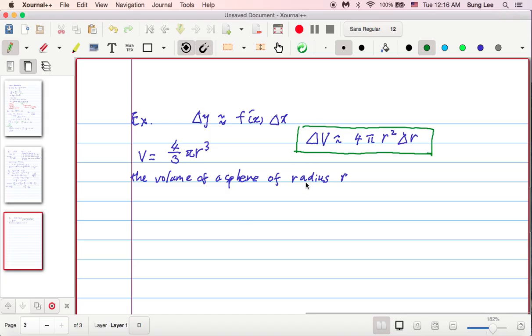And you know that delta V, let me write down, this guy here, that's the actual error in the volume V, and that's difficult to calculate by hand.